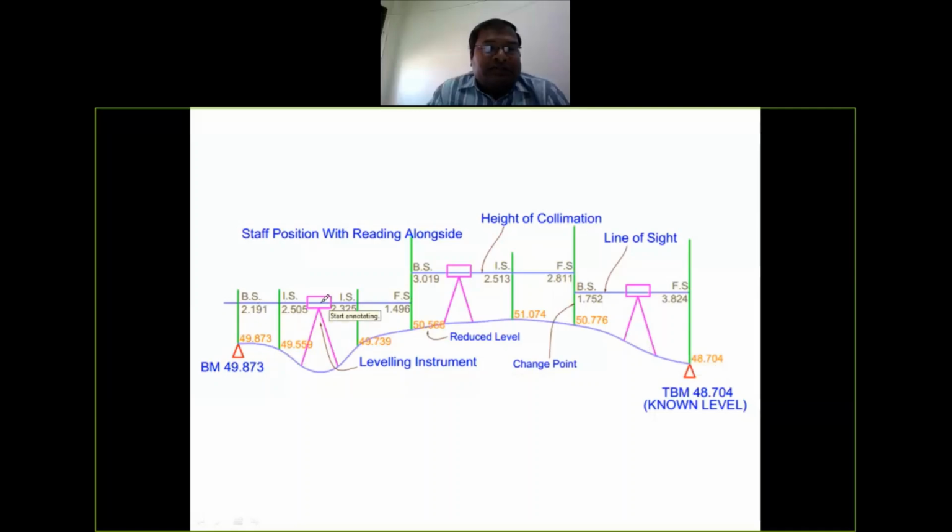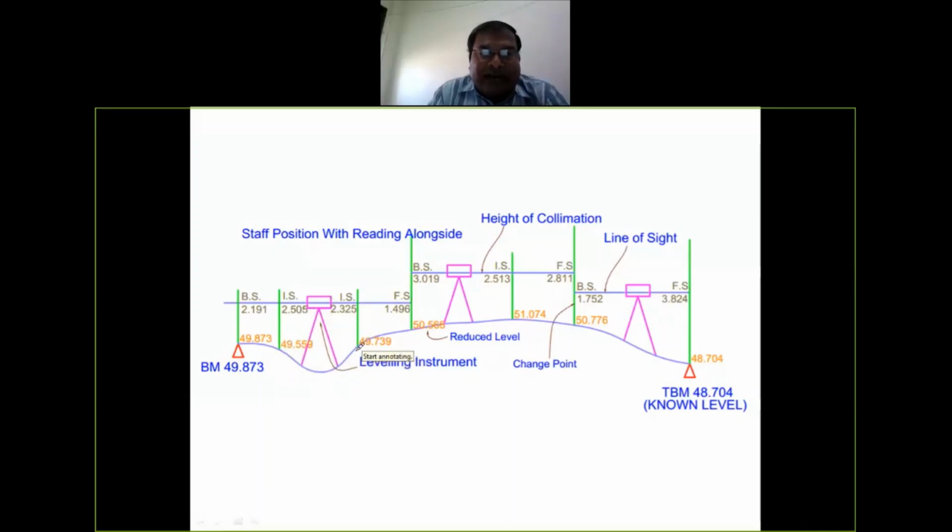So how will you calculate the RL of all the points? Here you can see, we already calculate the height of the instrument. How? Benchmark RL plus backsight, you will get your height of instrument. And once you get your height of instrument, if you want to find the RL of this particular point, you have to deduct your IS value 2.505 from the height of the instrument. So you will get the RL of this particular point.